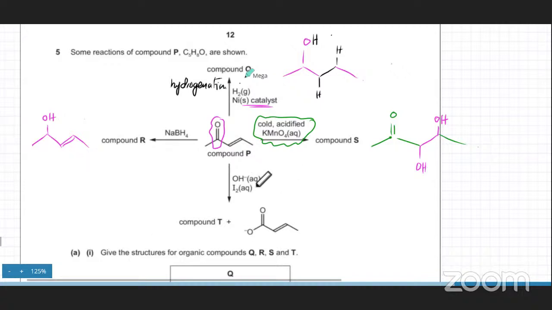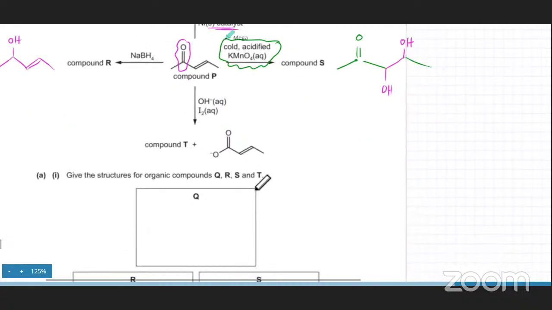And the last part is alkaline aqueous iodine. Now this one is the iodoform test. Okay, that's your iodoform test. And what is your iodoform test? The iodoform test is a test for a certain structure. The certain structure is that the molecule must have exactly this thing.